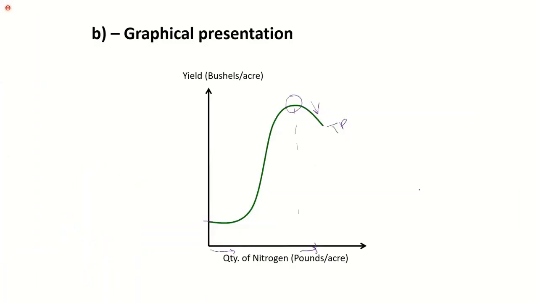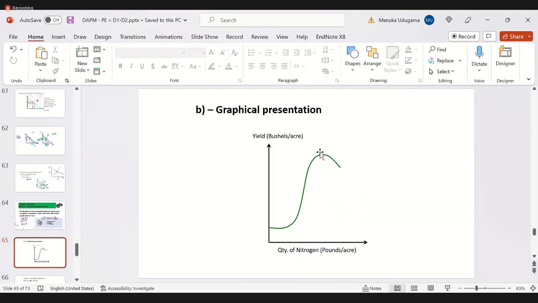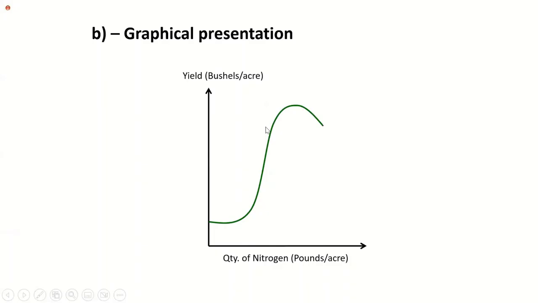Okay, now here, what have I done here? I have plotted the yield of a crop, let's say paddy, against an input.